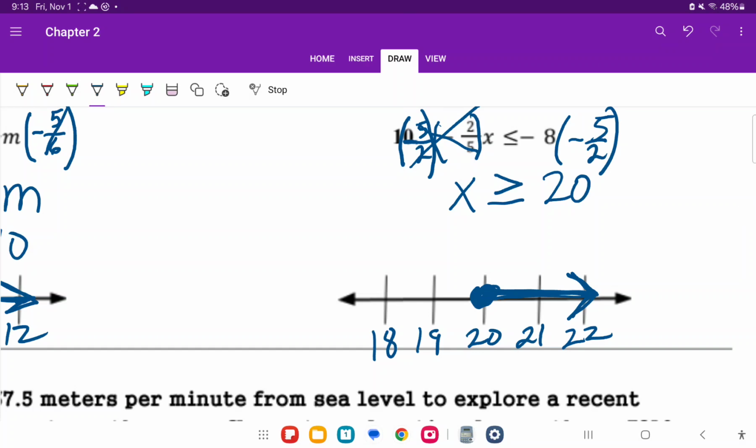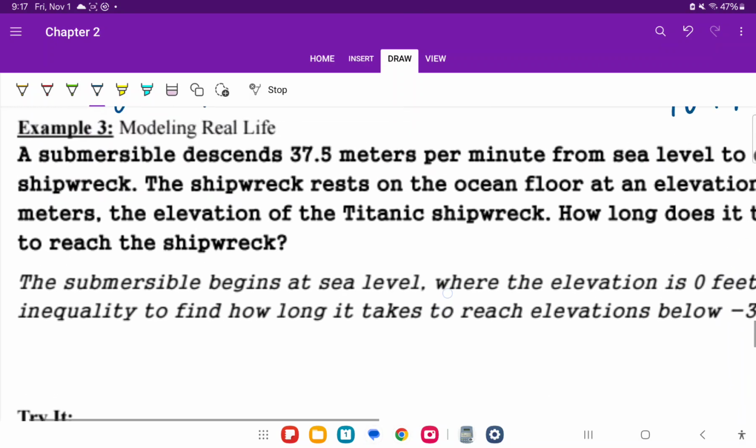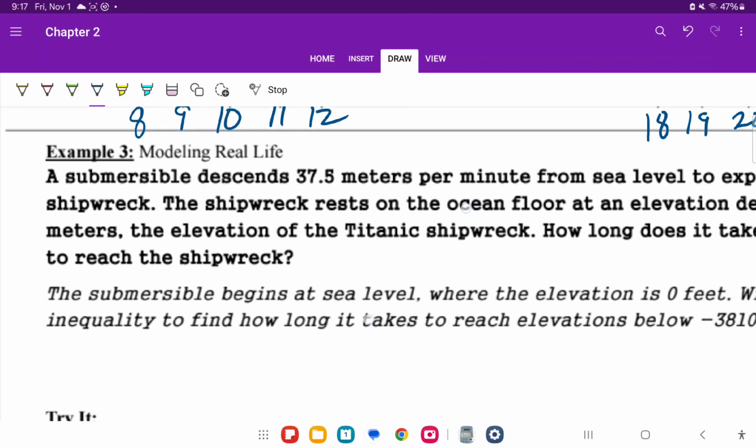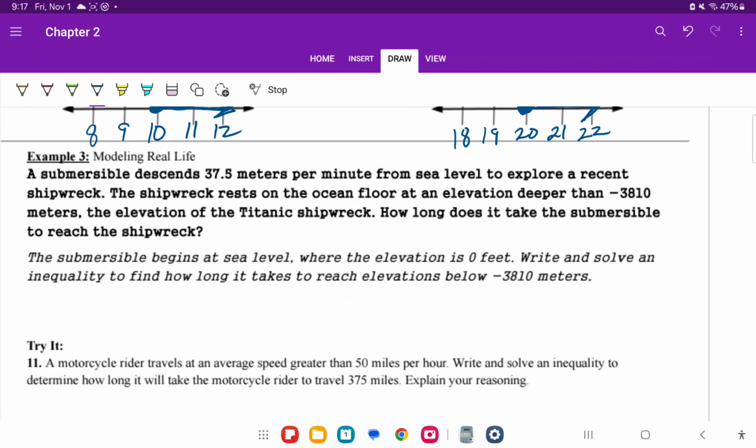Okay, so I want to finish this. A submersible descends 37.5 meters per minute from sea level to explore a recent shipwreck.